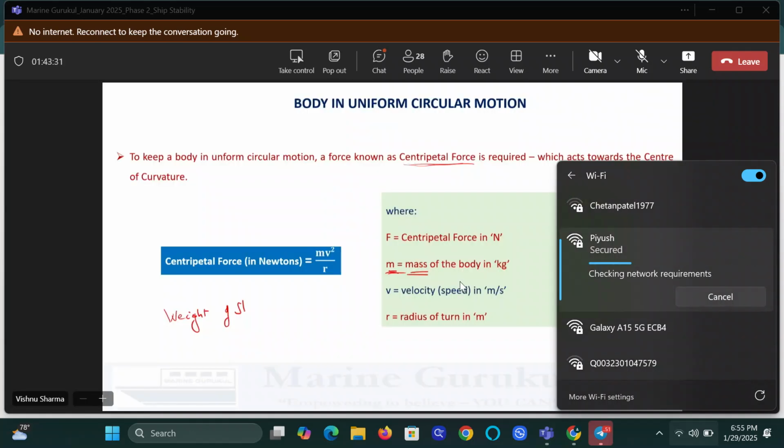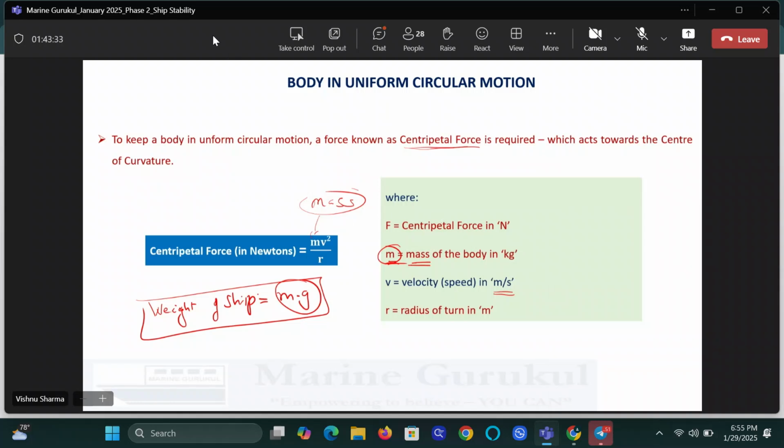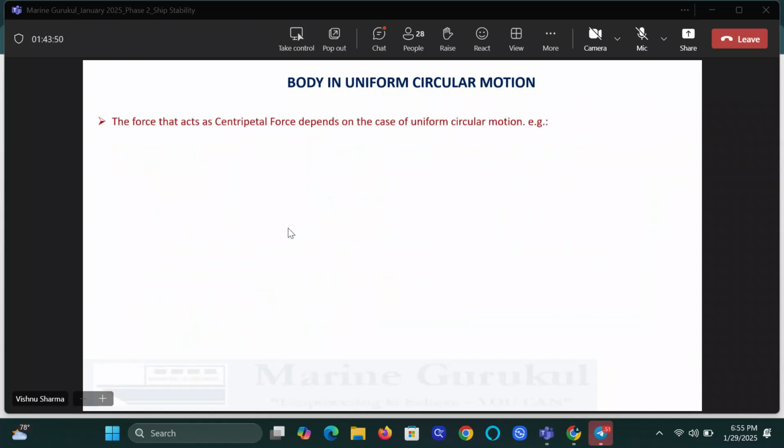The next question which arises is, which force is giving the centripetal force? Now, guys, in different situations, different forces take over the role of centripetal force. For example, if you take different examples of rotation, the force that acts as centripetal force depends on which case of uniform circular motion you are talking about.